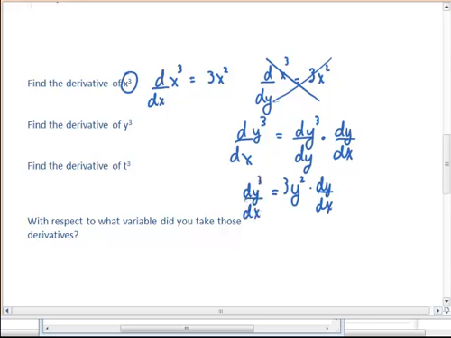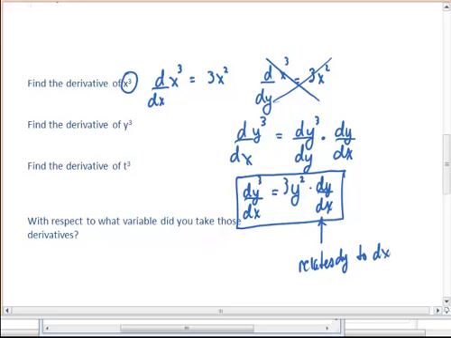This is an important thing to understand, that you need this extra term, because this extra term is what relates the change in y to the change in x. And without it, you can't do implicit differentiation.